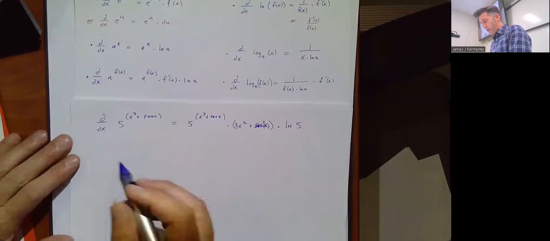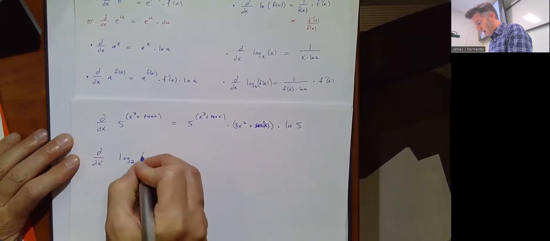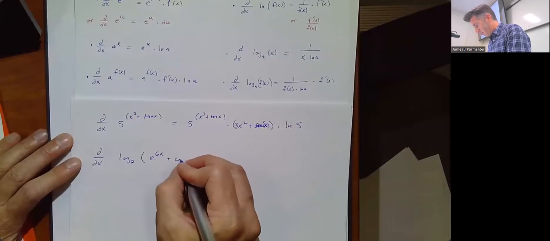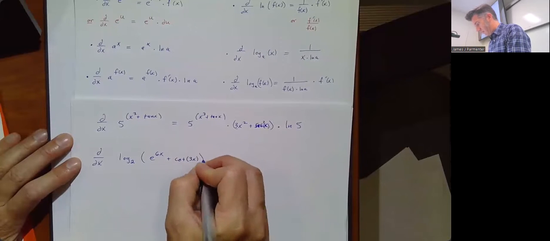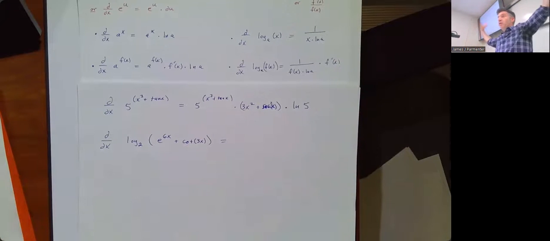Or if I wanted to find the derivative of log base 2 of e to the 6x plus, I don't know, cotangent of 3x. Ooh, that's going to be fun. My outer function is log of some stuff. I don't care that it's log base 2, I'm just seeing a logarithm. And I know whenever my function is a logarithm of some stuff, the derivative is 1 over that stuff, and then some more stuff.